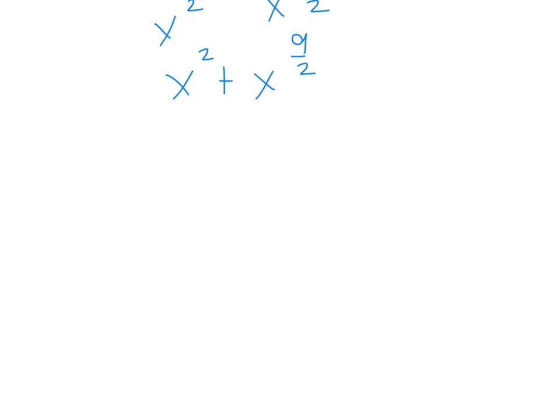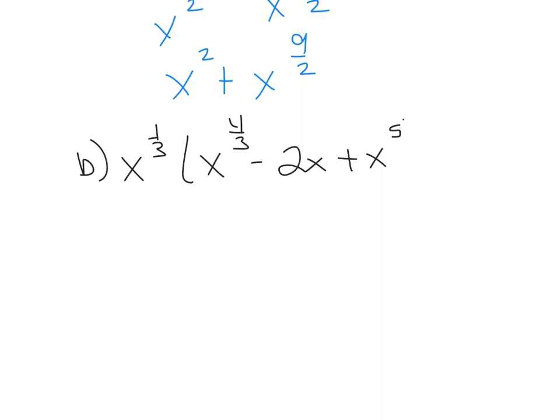All right, letter B says x to the 1/3 times x to the 4/3 minus 2x plus x to the 5th. This is the same rules. When you multiply this times this, you're going to add these exponents, and this is distribute, so you're going to do that 3 times.